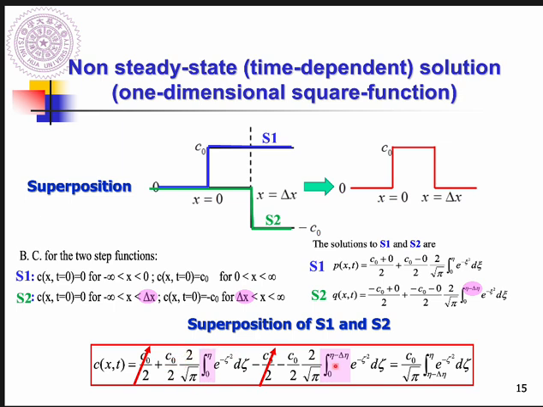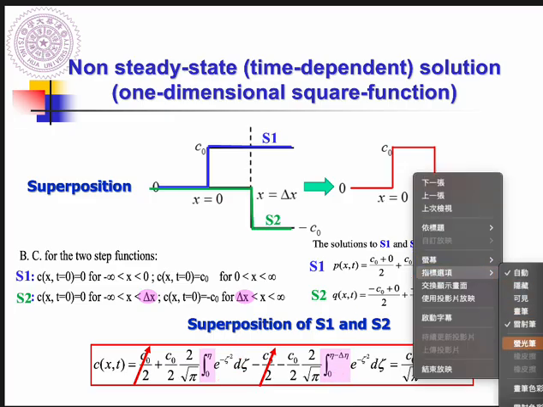Then this is iota, right? But they have the same bottom limit, but they have different upper limits. I need to use this minus this one, right? And I just take the C0 out, so you get C0 divided by square root of pi. Then next I need to use this minus this one, so I can simply write them down together.